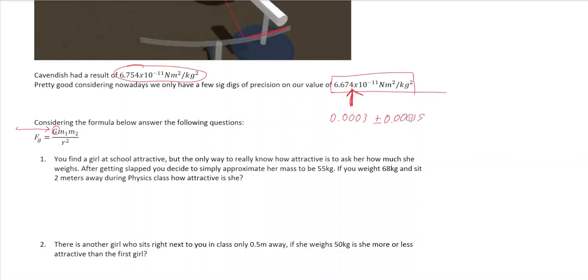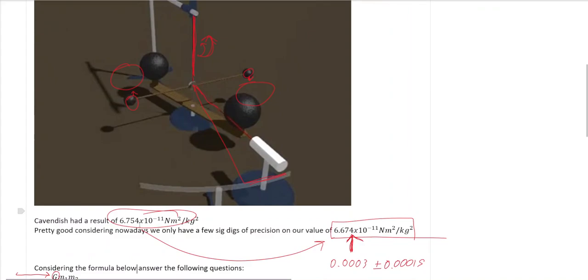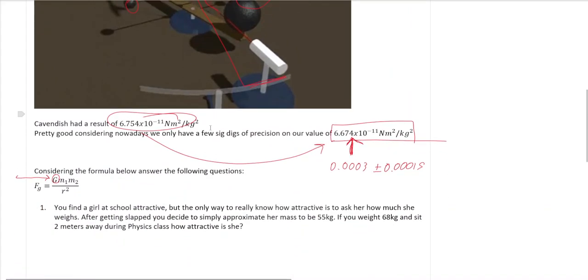So we don't even know anything beyond that value. The 4 is the last significant digit that we actually have for capital G, the gravitational constant. It's amazing how close this number was to our modern day result, considering the apparatus he had. Honestly, he may have gotten a little bit lucky, but it's pretty good.